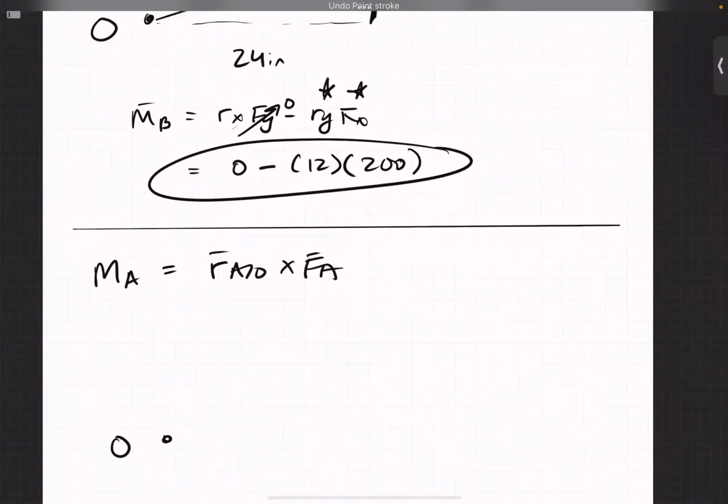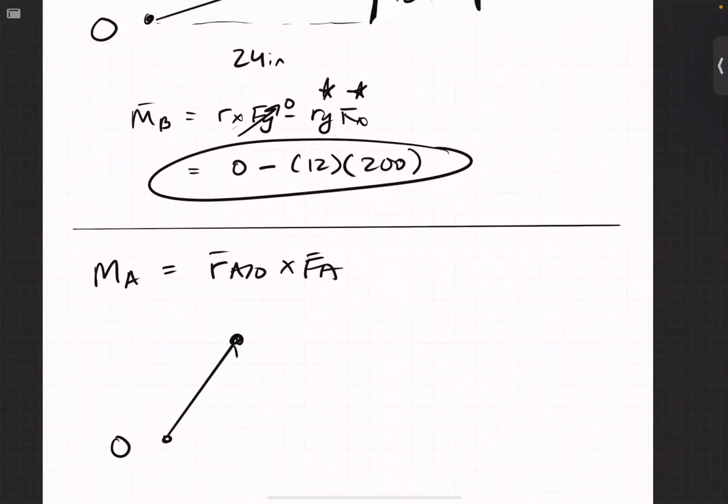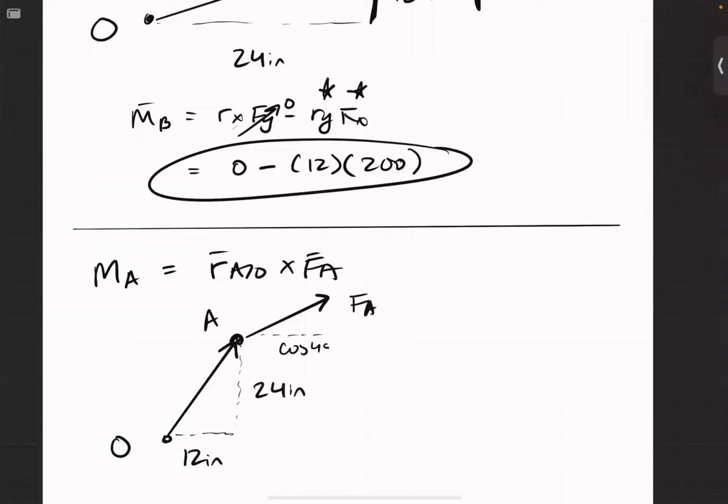I'm going to exaggerate it; it's going to be a little lower than 45 degrees. Point A, in the X direction, is given to be 12 inches, and in the Y direction, 24 inches. This angle is 45 degrees, so the X direction is cosine 45 and the Y direction is sine 45.